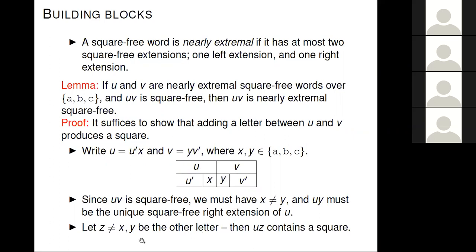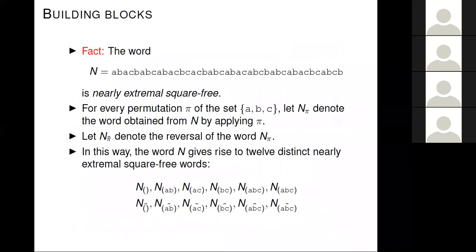So if we look at the third letter, Z, it's got to produce a square in UZ even. So I hope that everybody is convinced that when you're working with these nearly extremal square-free words, if you put two of them together and the result is square-free, then it's nearly extremal square-free again. So that's why these are nice building blocks.